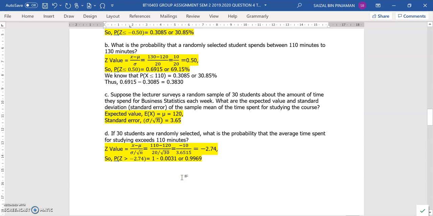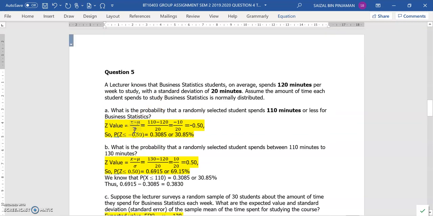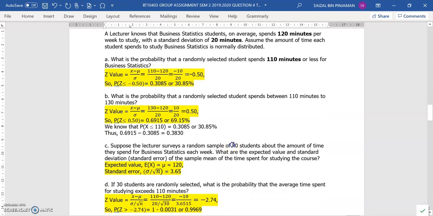So remember, when you want to solve a similar question, in order to identify whether you have to divide the standard deviation by the square root of the sample size or not, you need to first identify whether you have the information about the sample size. I repeat, in order to tell whether you have to use the standard error or a normal standard deviation like this one, you have to look into the information about the sample size.